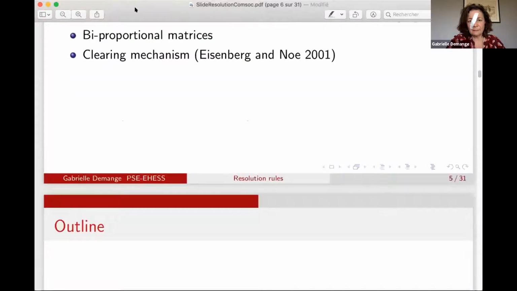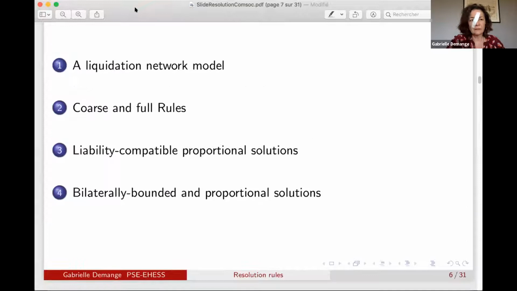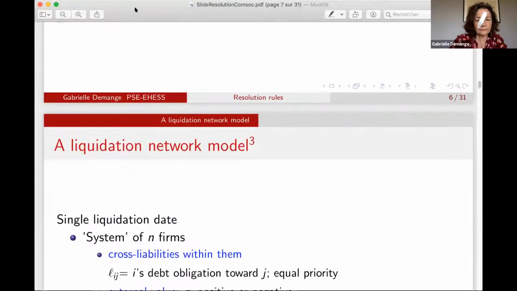Given that I have just 20 minutes, I will introduce the model and consider different types of rules. For each situation, it turns out that one has different proportional solutions, depending on the constraints, either informational or additional, one may want to consider.